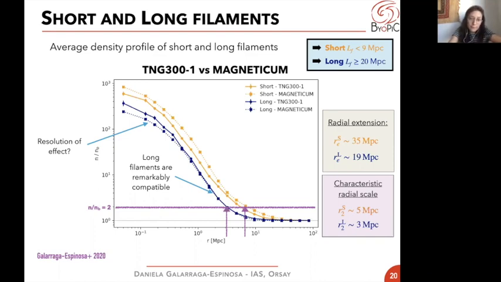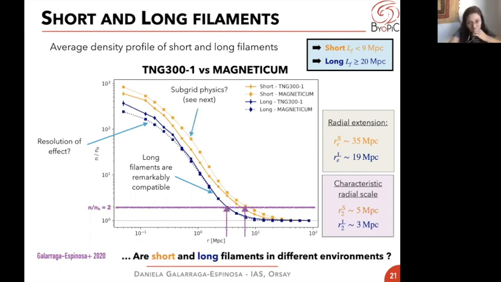However, at the core of the filaments, the profile of the MAGNETICUM simulation is a bit shallower, and we can wonder if that comes from a resolution effect, because the MAGNETICUM simulation is 17 times less resolved than the TNG.